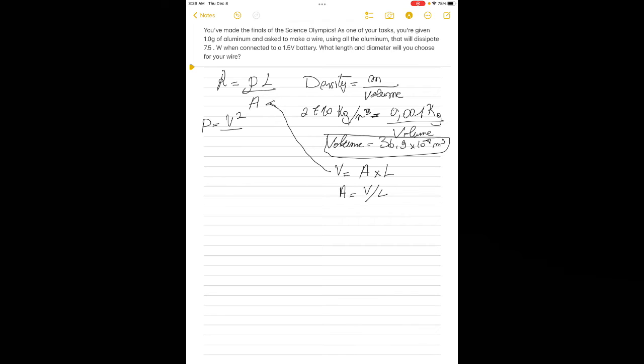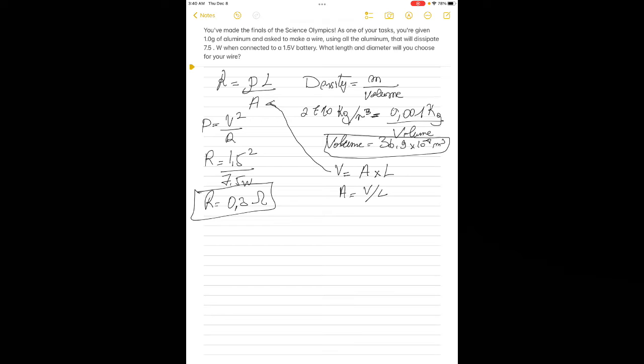So power is V squared divided by resistance, and the resistance is equal to V squared, that's 1.5 squared, divided by 7.5 watt. So the resistance is 0.3 ohms.